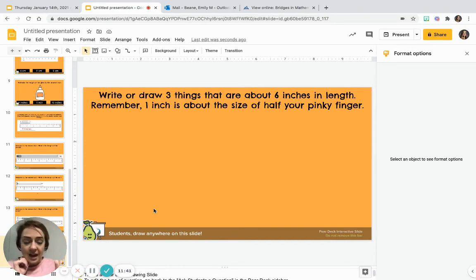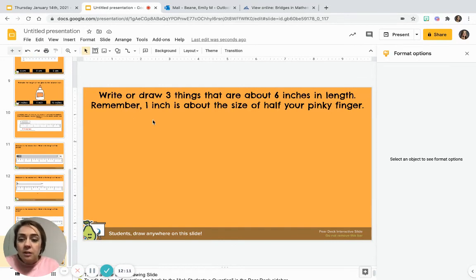So knowing that, what items around your house are about 6 inches? If you had 1, 2, 3, 4, 5, 6, it ends up being about this big. What things in your house can you think of that are about 6 inches in length? And I want you to draw or write those 3 things.